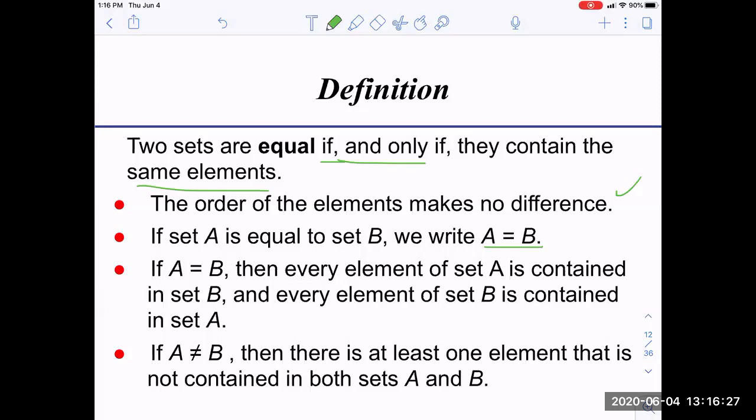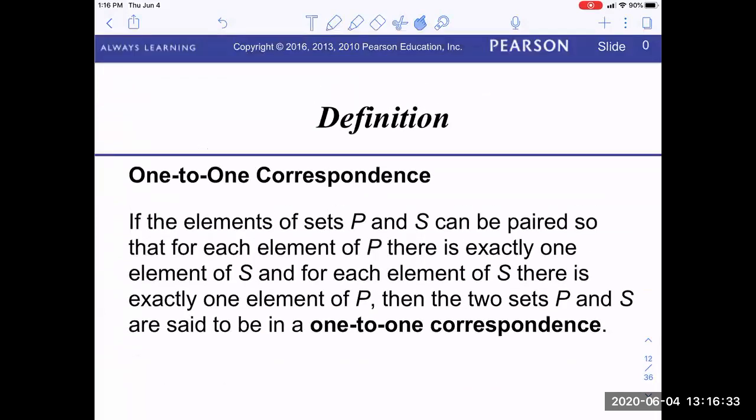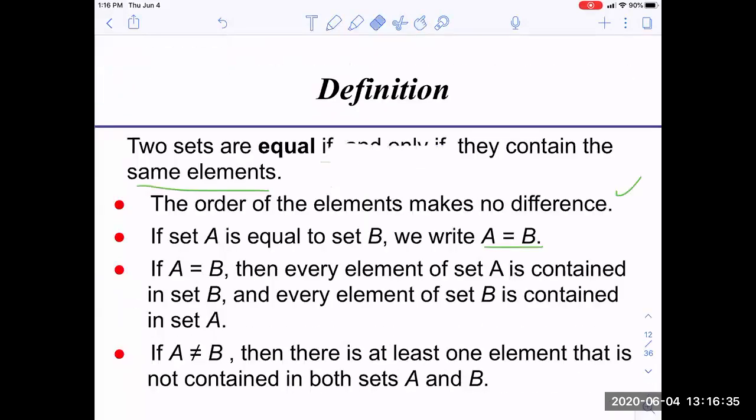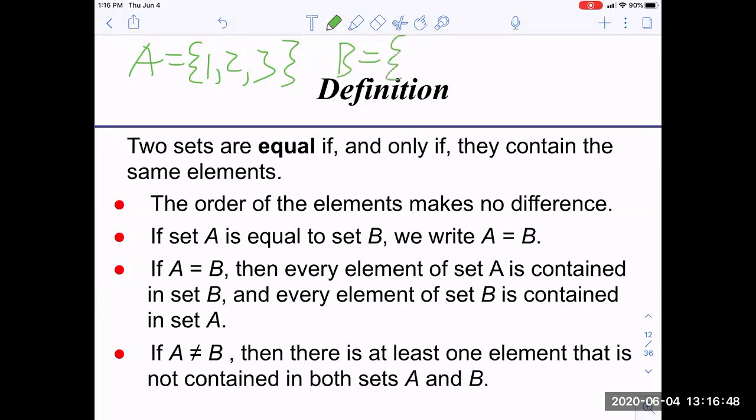So just very quickly, let's do a very quick example of this. A equals 1, 2, 3. B equals 2, 3, 1. C equals 1, 2, 4.